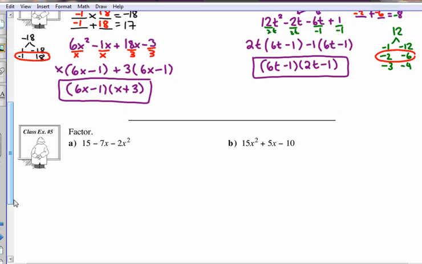Two more left. They're a little bit different. Backwards. So what can we do to make it forwards if it's backwards? Could we rearrange it? Okay, so what would go first? Negative 2x squared.